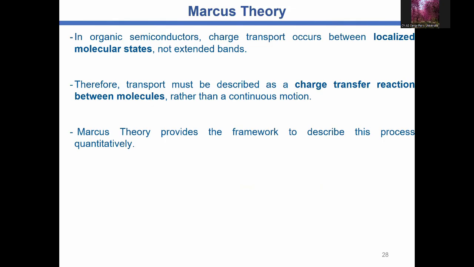One example of modeling theory is Marcus theory. In Marcus theory for organics, as we discussed, the charge transport occurs between localized molecular states and not bands.